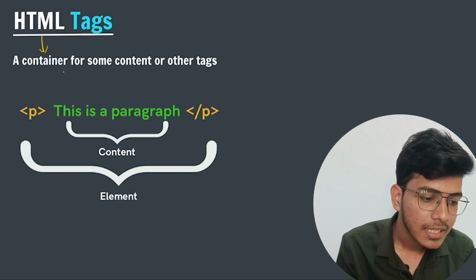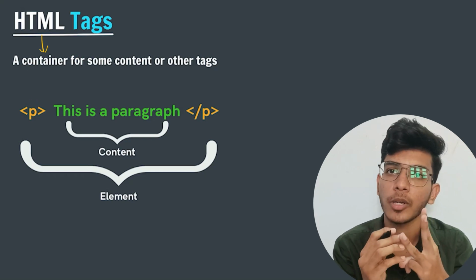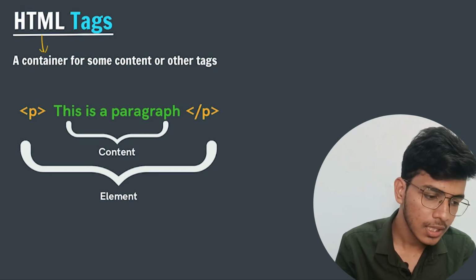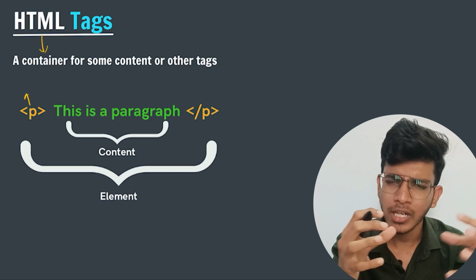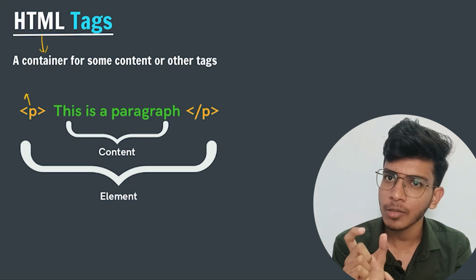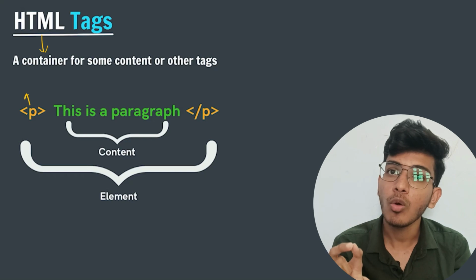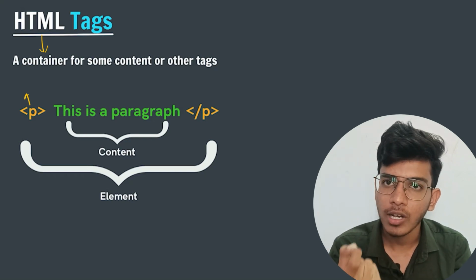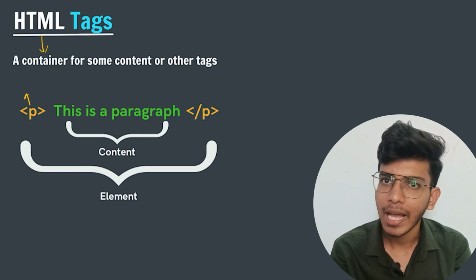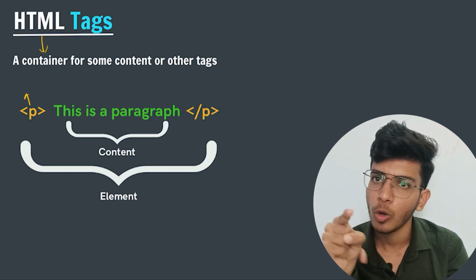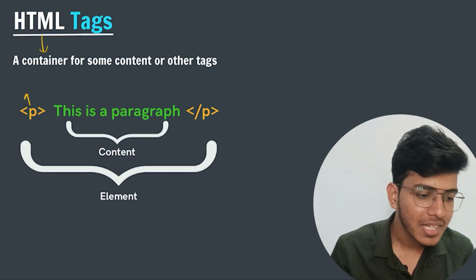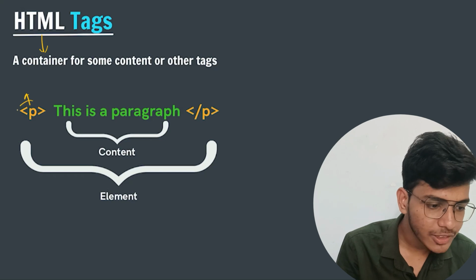A tag is divided into three components. In order to create a tag, first of all you write an angular bracket, and in that you give the tag you want to create. If I want to create a paragraph tag, then I will give p inside the angular brackets. This is known as the opening tag.